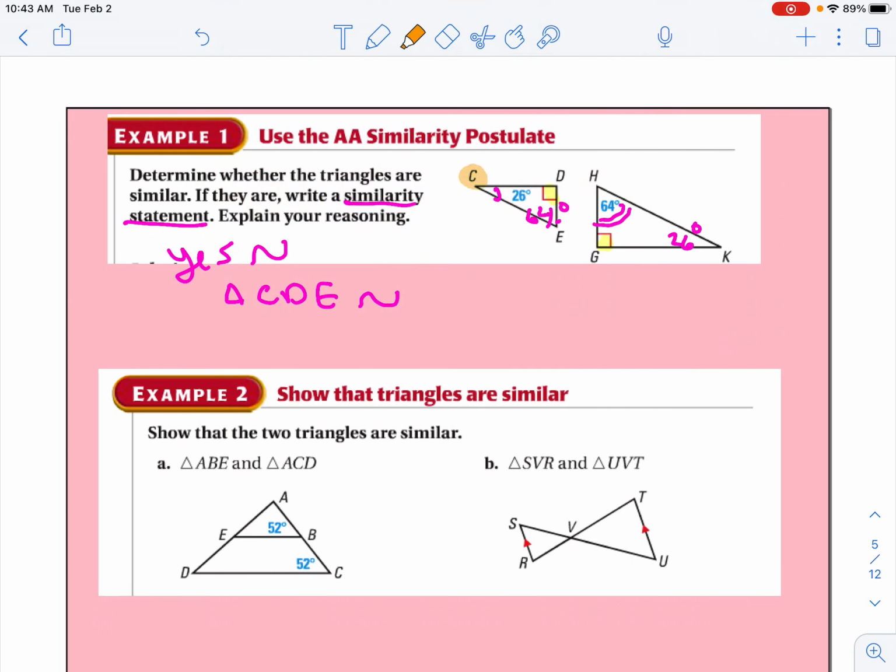I started with angle C right here and went over to D, so I need to do the corresponding same angle. So I need to start with K right here and go over to the 90-degree angle. So the similarity statement would be in the order of triangle KGH. And I explain my reasoning by the angle-angle similarity postulate.